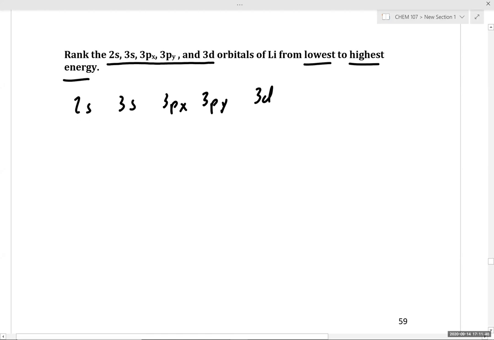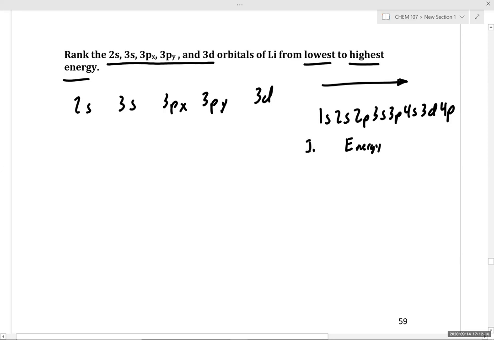And I'd like you to rank them in order of increasing energy. And remember, our shortcut from our orbital energy diagram looks something like this: 1s, 2s, 2p, 3s, 3p, 4s, 3d, 4p. So this is our ranking of our different orbitals in order of increasing energy.